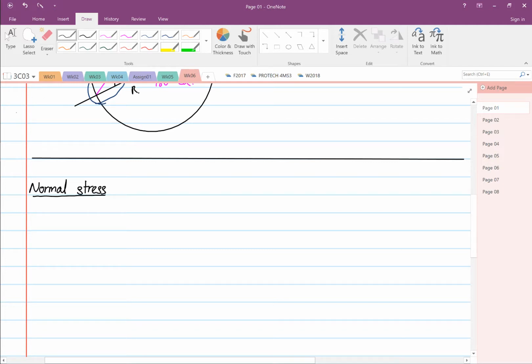So normal stress are stresses acting perpendicular to the surface.